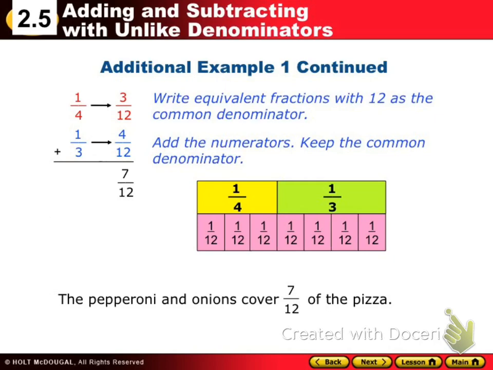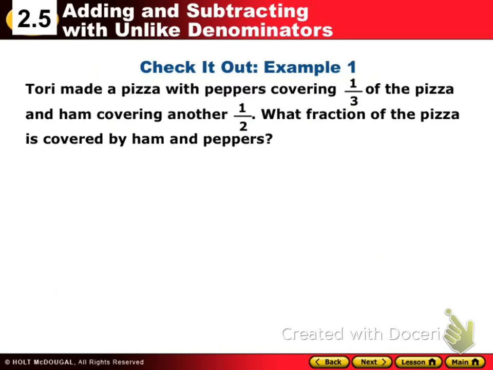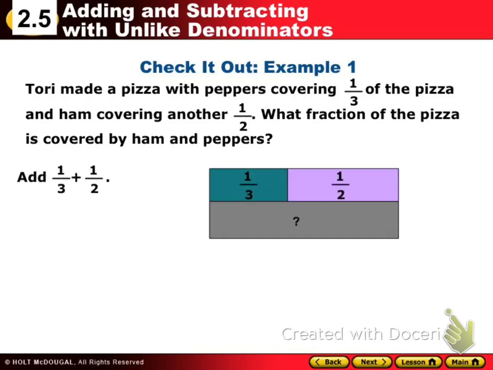Okay, we're going to try another one. Tori made a pizza with peppers covering a third of the pizza and ham covering another half. What fraction of the pizza is covered by ham and peppers? So we have our two fractions, a third plus a half. We have a bar model. We're going to get a common denominator between the 3 and the 2. If you figured out the LCM, it would be 6.